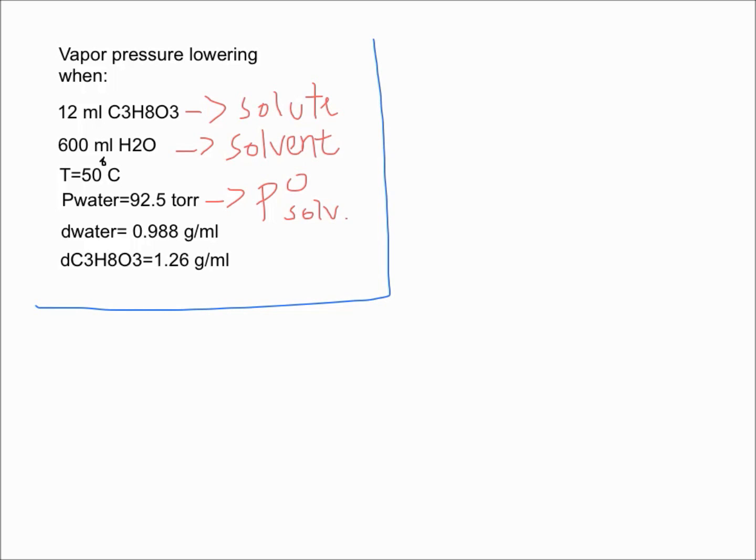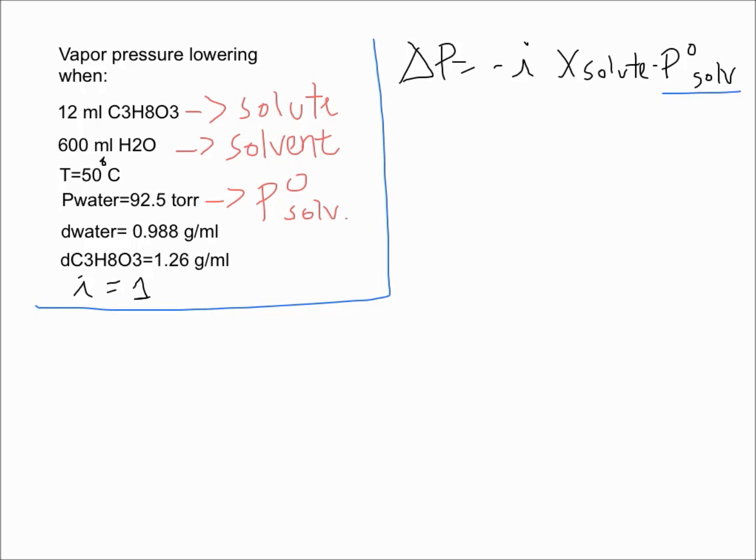Also, in this case, our i is equal to 1. So we won't have to worry about that. Going back to our formula, we can see what we have and what we need. So the formula was delta P is equal to negative i times the mole fraction of the solute times the vapor pressure of the pure solvent.